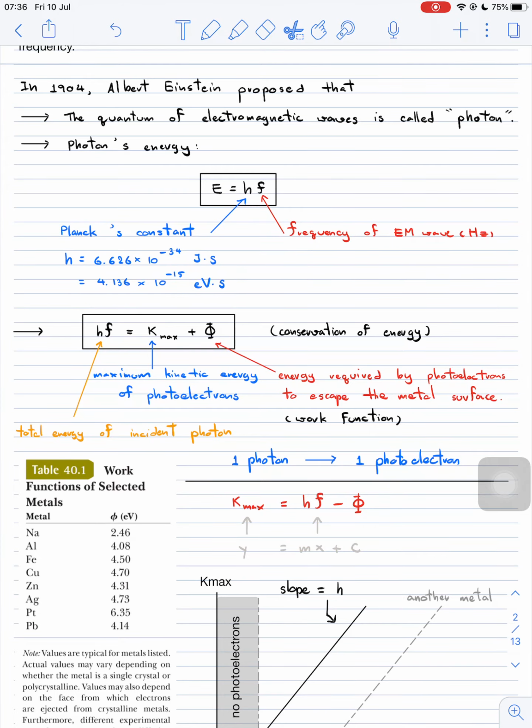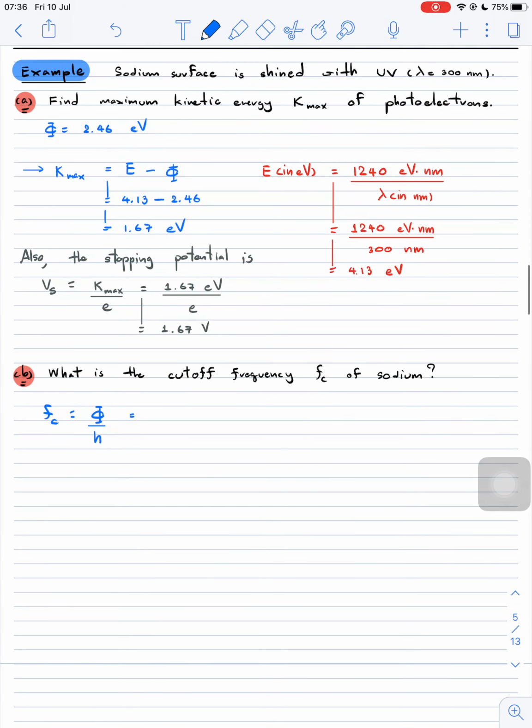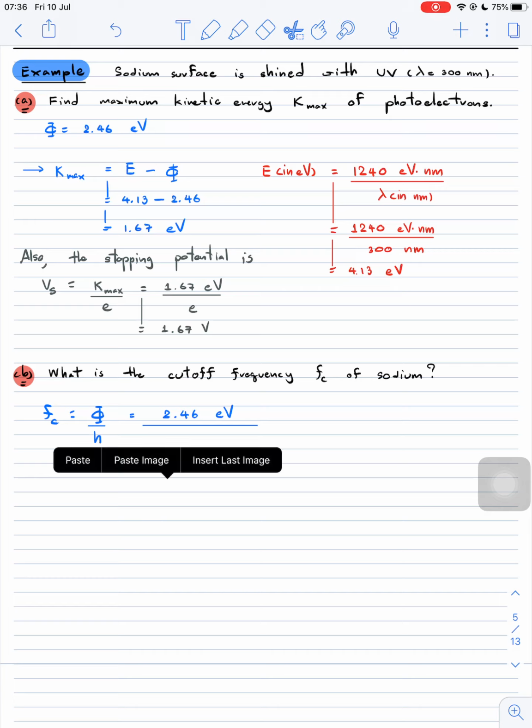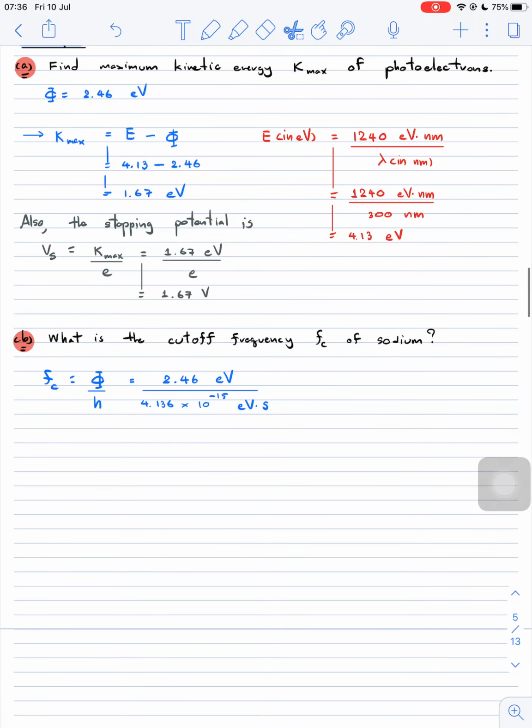Let me copy it first. Let's plug in: the work function equals 2.46 electron volts over the Planck constant in electron volts times second as well.